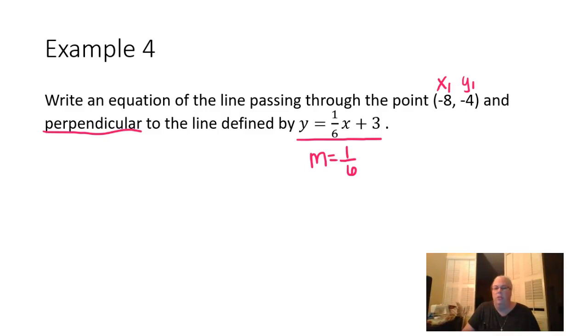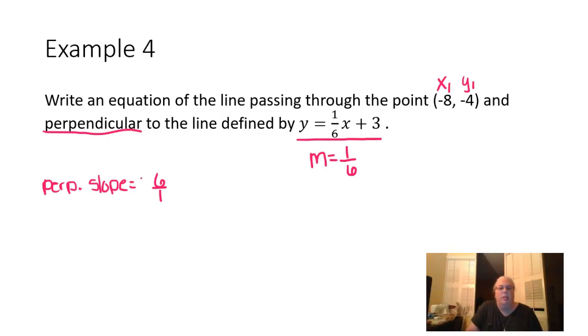If I were writing the equation for a parallel line, I would use this slope, but I'm going to use a perpendicular slope. The perpendicular slope is going to take my fraction 1/6 and turn it upside down so it becomes 6/1, and it's going to change the sign.